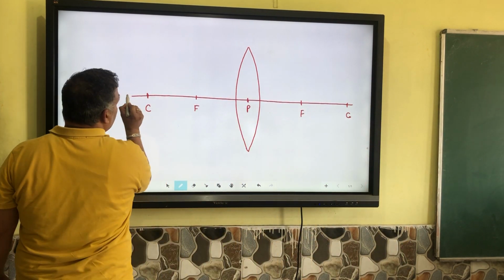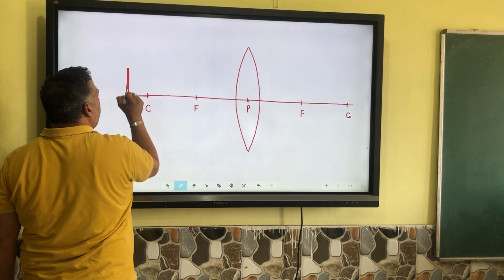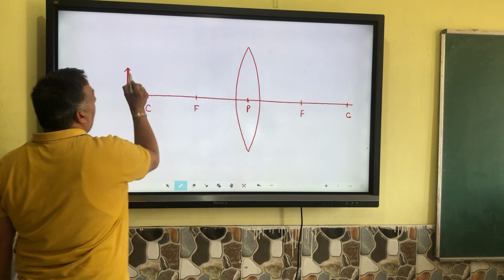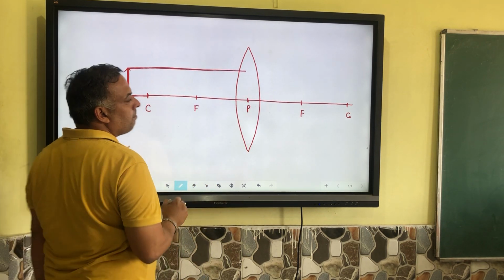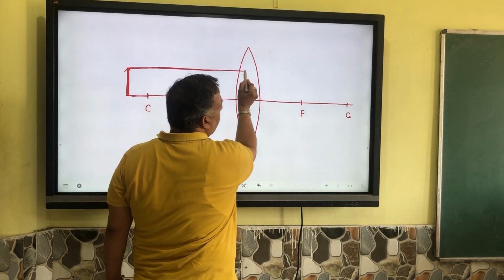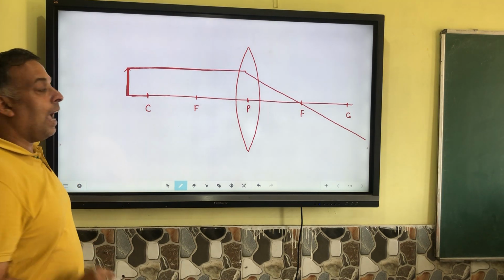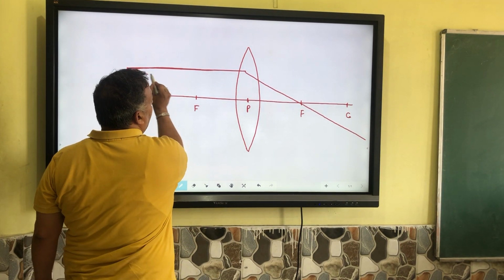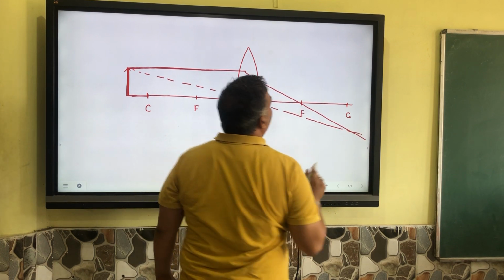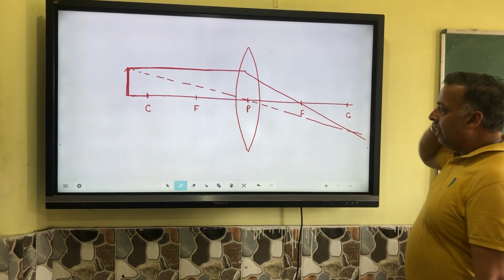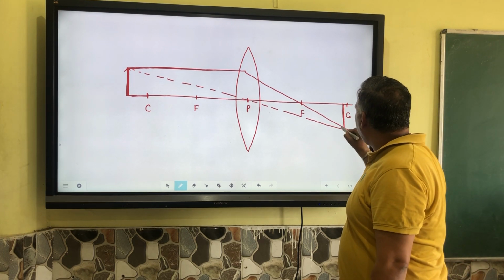If an object is lying away from the center of curvature, any ray going parallel to the principal axis will pass through the focus. Number one. Any ray which passes through the pole will not bend. So the image formed by it is at this point.